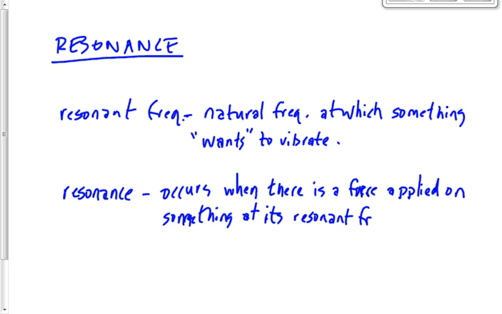In other words, if the resonant frequency of the swing set is 20 hertz, and you apply a force 20 times per second, then resonance occurs. That disturbance will grow.